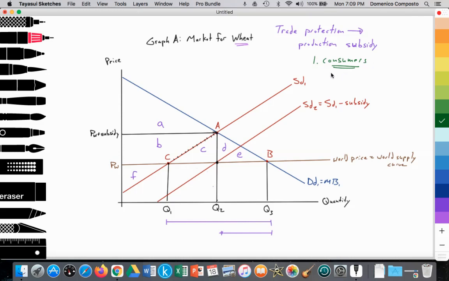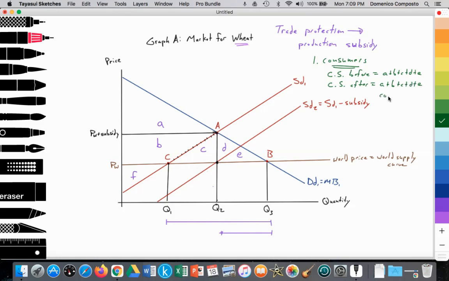Their consumer surplus, I'll just label this consumer surplus, before the production subsidy was equal to areas A, B, C, D, E. A plus B plus C plus D plus E. All right, this triangular area here. And the consumer surplus after the production subsidy is the same because consumers continue to pay a price of PW. All right, A plus B plus C plus D plus E.